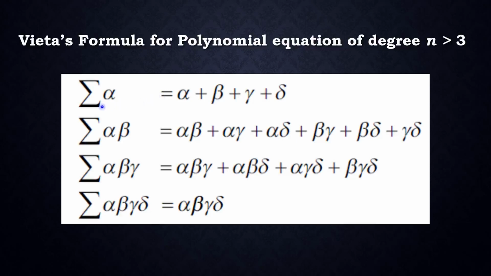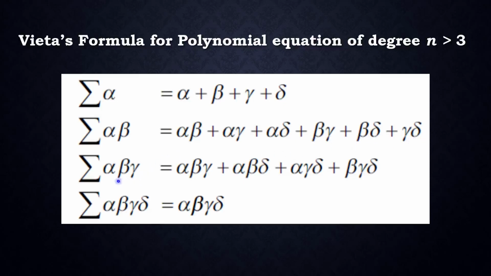So the sum of the roots is written as summation alpha, that is alpha plus beta plus gamma plus delta. Next one is summation alpha beta, that is the sum of the product of the roots taken two at a time: alpha beta plus alpha gamma plus alpha delta plus beta gamma plus beta delta plus gamma delta.